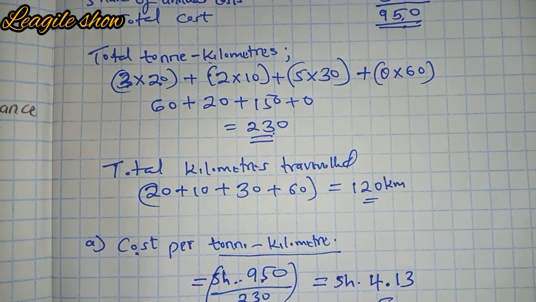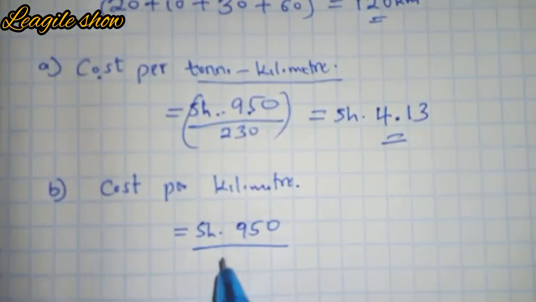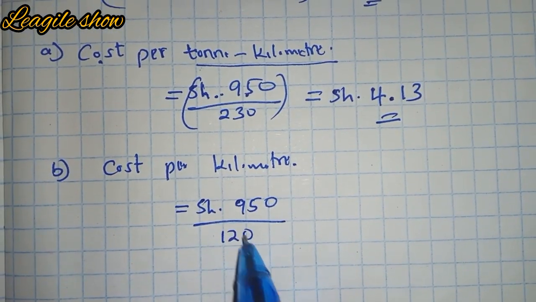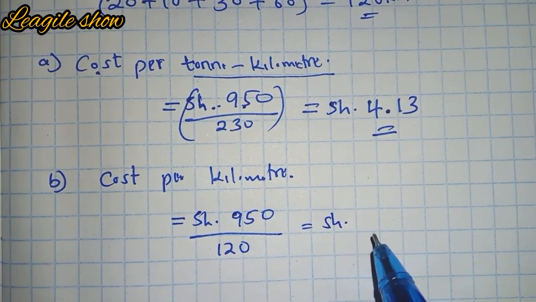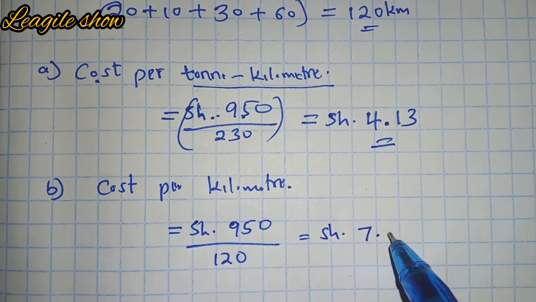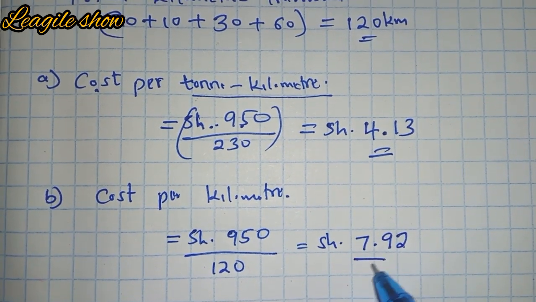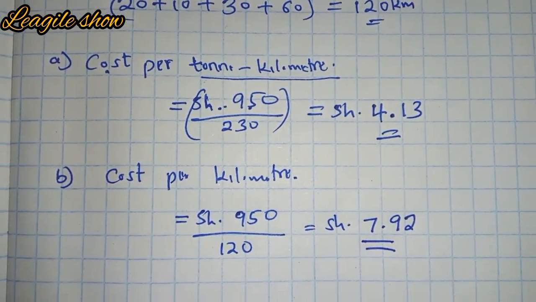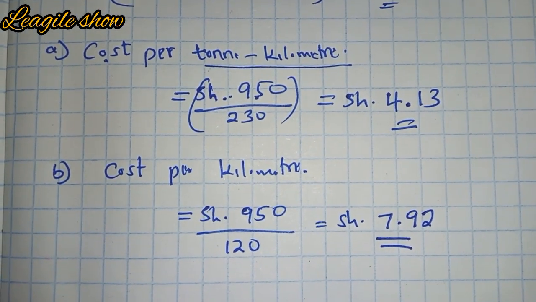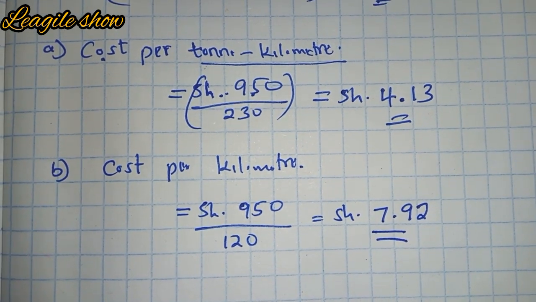The total kilometers traveled in that case is 120. So we divide by 120. Dear viewer, you calculate that one, we are going to get 7.92 shillings. So that is how we calculate some of the basic calculations based on service costing.